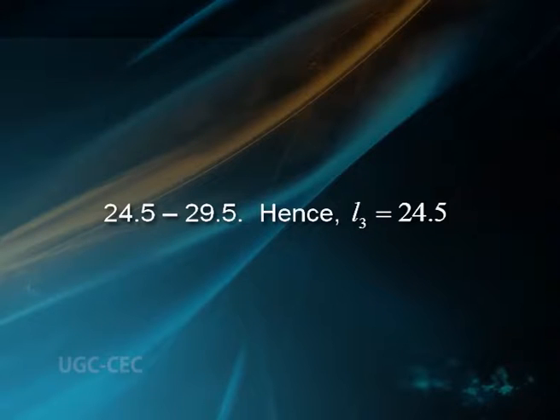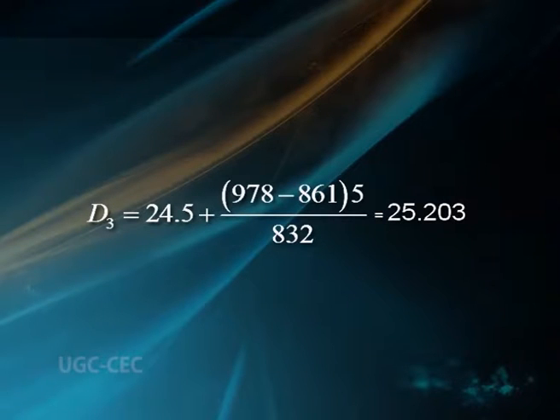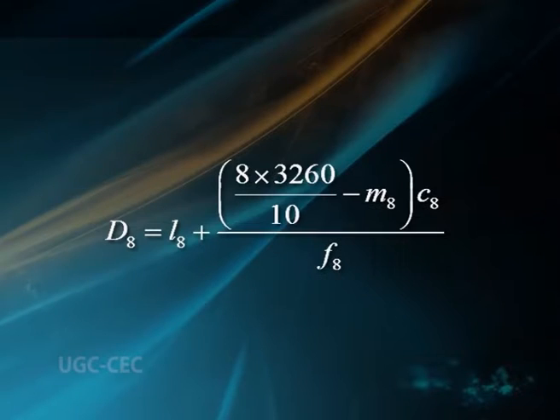Hence L3 equals 24.5, M3 equals 861, C3 equals 5 and F3 equals 832. Then D3 equals 24.5 plus (978 minus 861) into 5 by 832, that is 25.203.